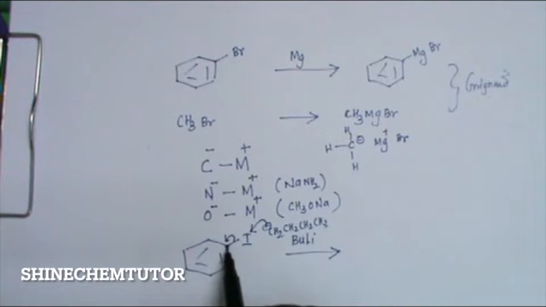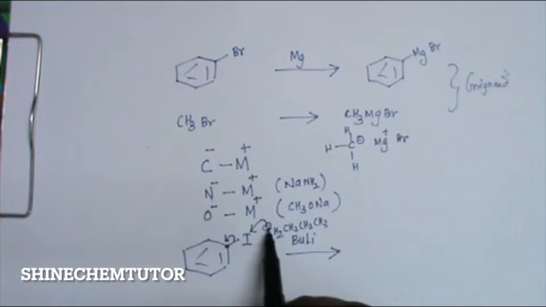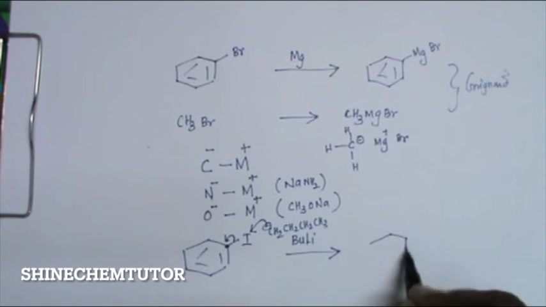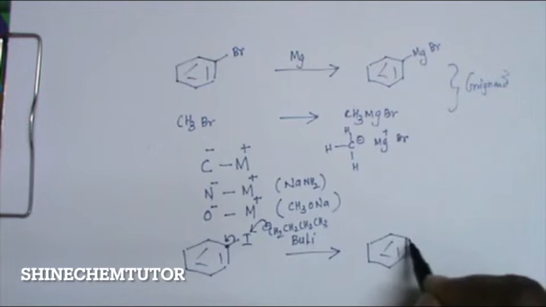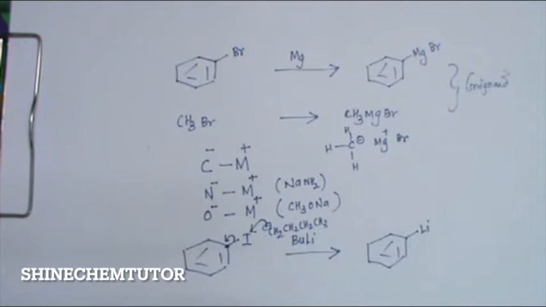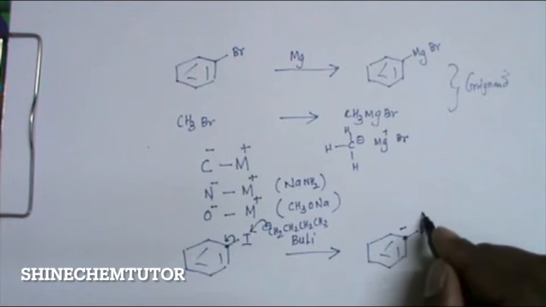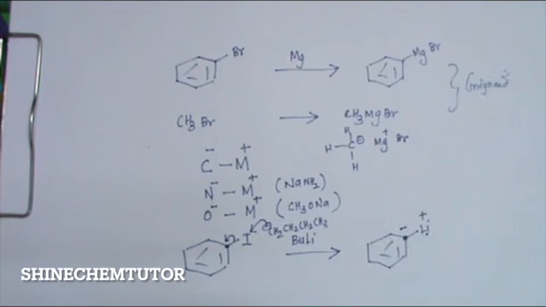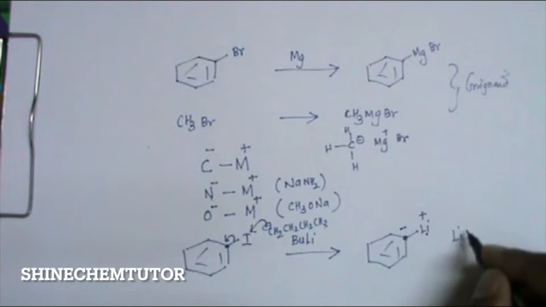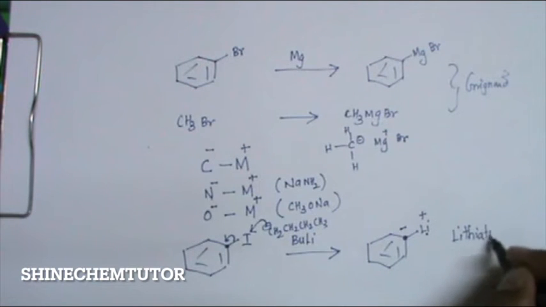If you compare carbon and iodine, the electronegativity of iodine is somewhat less compared to carbon. So the minus charge will attack iodine. As a result, what we get is this one. Here I have carbon and metal. So there is minus on carbon, plus on lithium. This is another method. It is referred as lithiation.